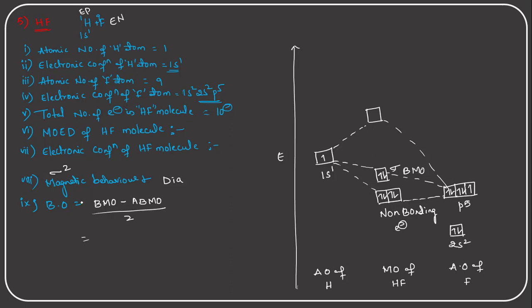Here the bonding molecular orbitals have only 2 electrons, and in the anti-bonding molecular orbitals there are no electrons present. So 2 minus 0 is 2, divided by 2, which gives 1. The bond order is 1. That means between hydrogen and fluorine there will be one sigma covalent bond present. So this is explained by the molecular orbital theory.